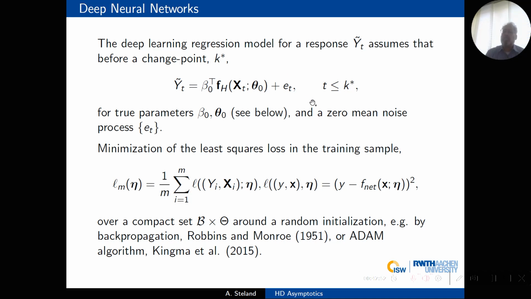And we add an error term e_t, and if we fit this regression model by least squares, this is really what is done in practice in the machine learning community when training such a deep learning network. They apply backpropagation, or what is in a certain sense the state-of-the-art algorithm in practice, this is Adam.